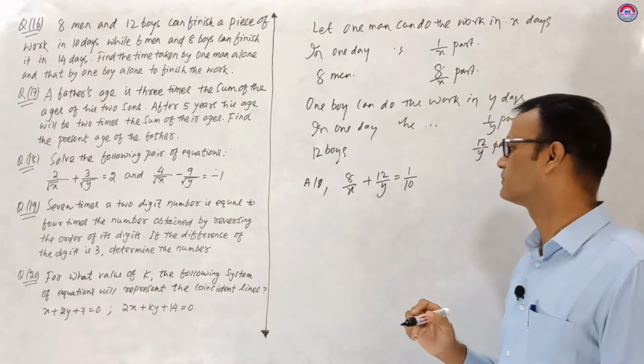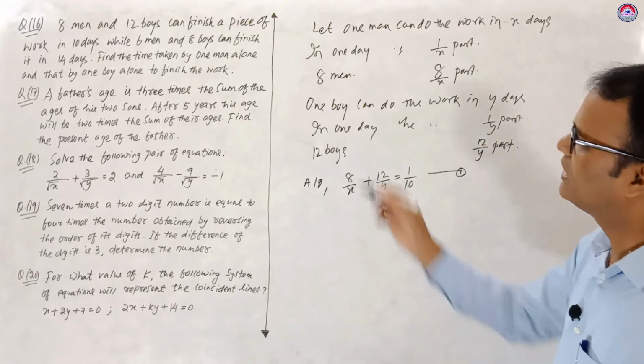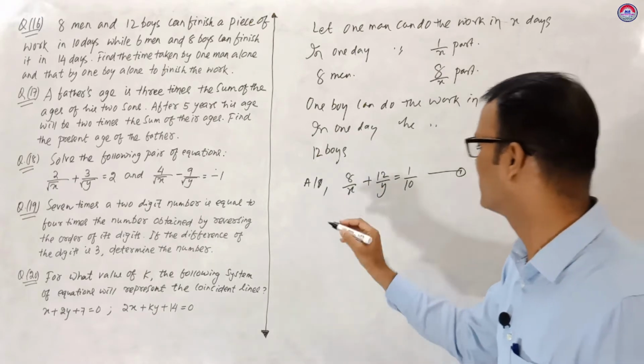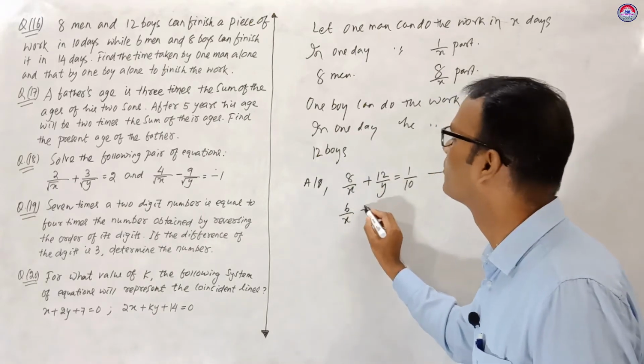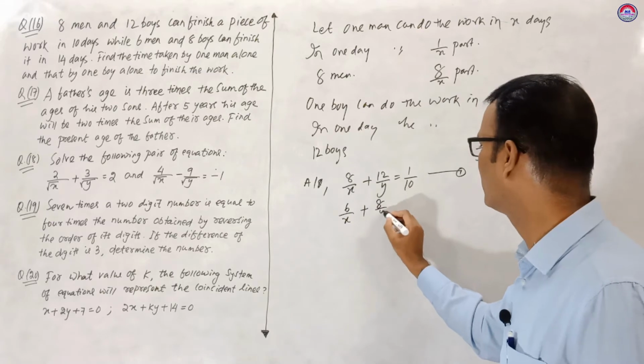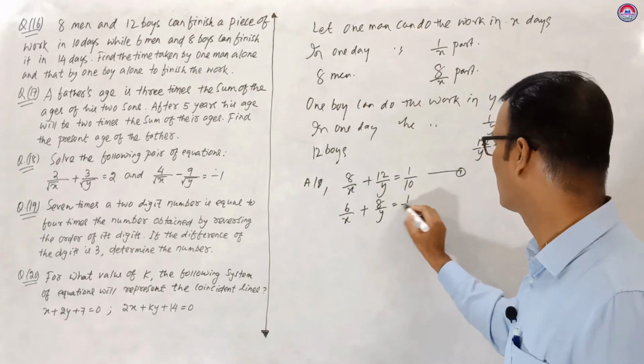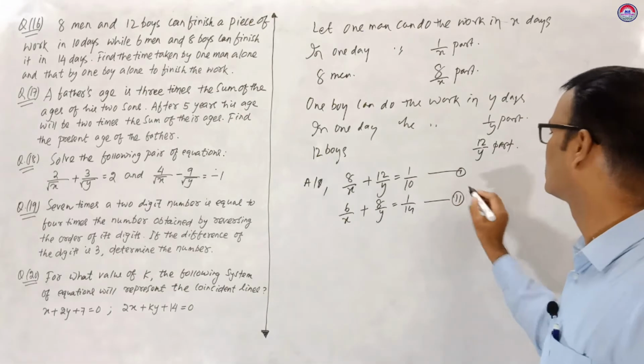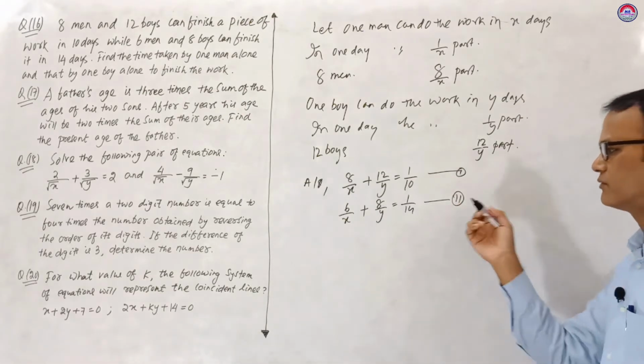This is equation 1. Similarly, you can write the second equation: 6 men, 6 by X, plus 8 boys, 8 by Y, equal to 1 by 14, since it takes 14 days. This is equation 2. Clear?